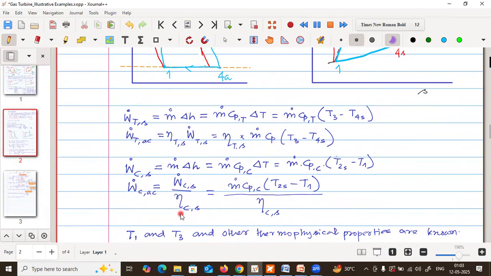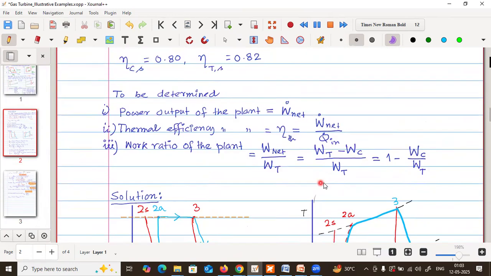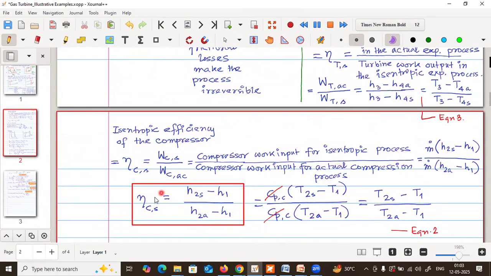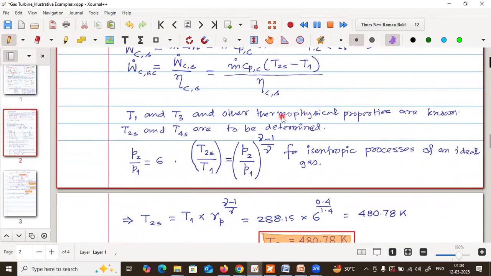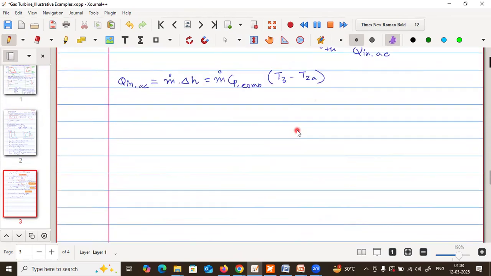Here you see that from this relation we will determine the T2 actual, because T1 is known, T2 ideal or the isentropic is known, and this is known. So we can determine T2A from this relation. We will use that relation here to determine T2 actual.